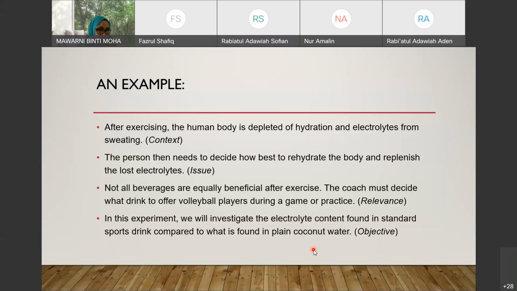What kind of sports drinks? I believe that this particular research wanted to see the effects of sports drinks during maybe high intensity or high performance training among who? Specifically volleyball players. You see? And you are now looking into a specific drink, which is isotonic drinks. Basically we don't give a specific name. We do not want the brand name, but you just use a general name, which is isotonic drinks.